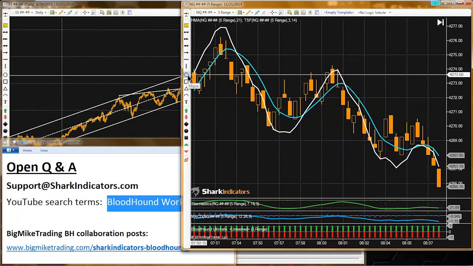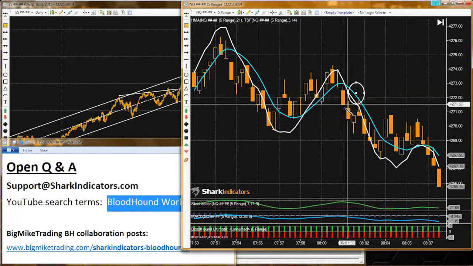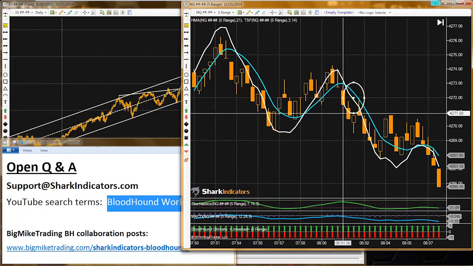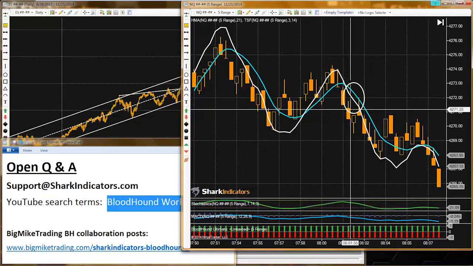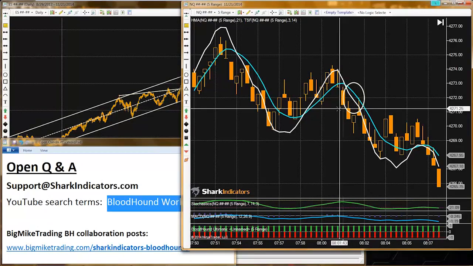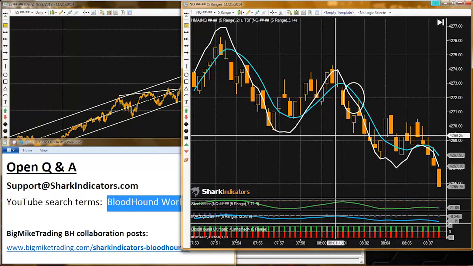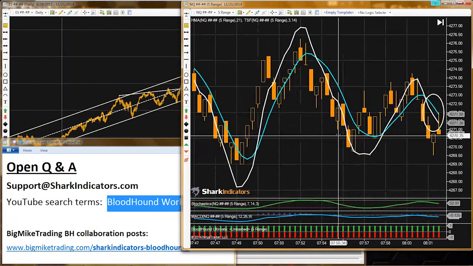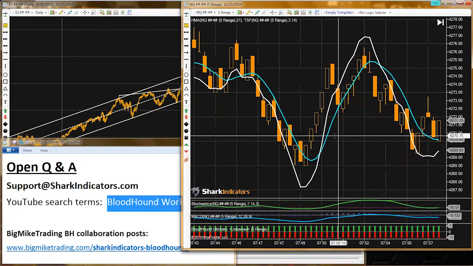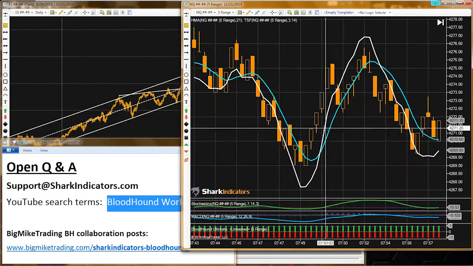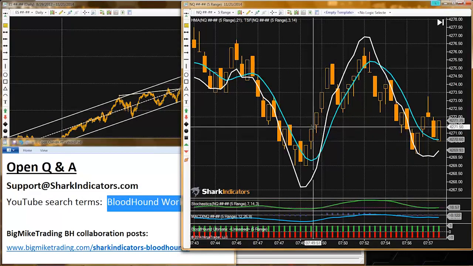Alright, so I think right here, this section looks like those two moving averages are fairly parallel. So we'll let BloodHound tell us if they are parallel, at least parallel within a certain degree, right?